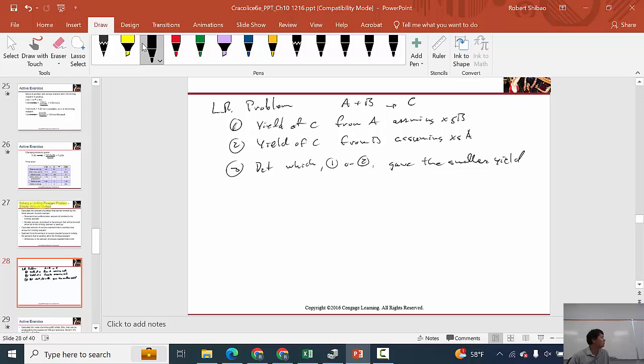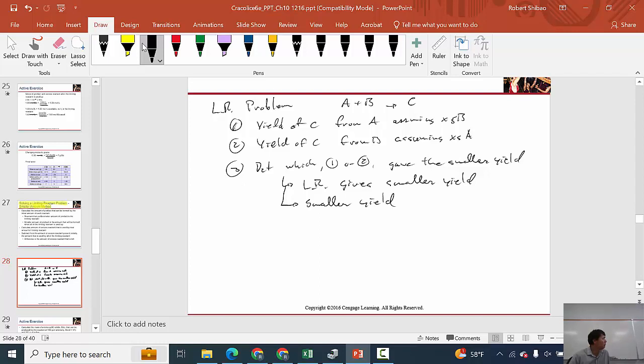It's the smaller amount. That would tell us what the limiting reagent is. The limiting reagent gives the smaller amount, which I'll just call yield. And that smaller yield is equal to the theoretical yield.